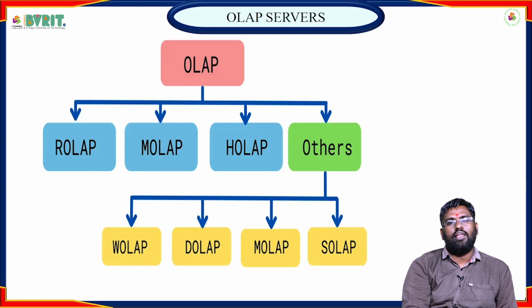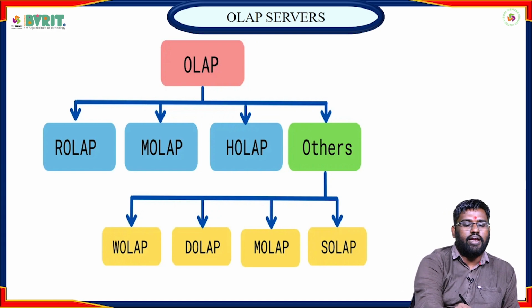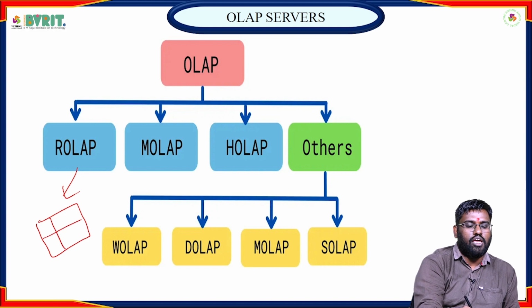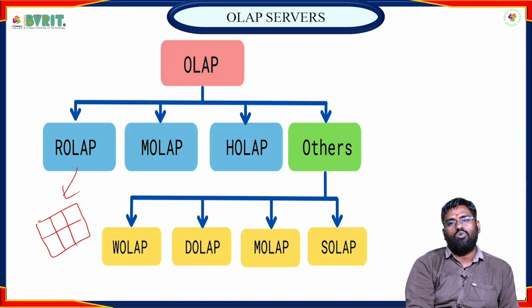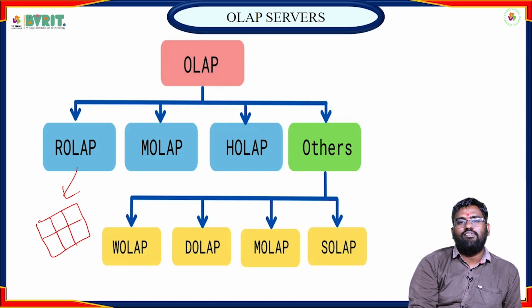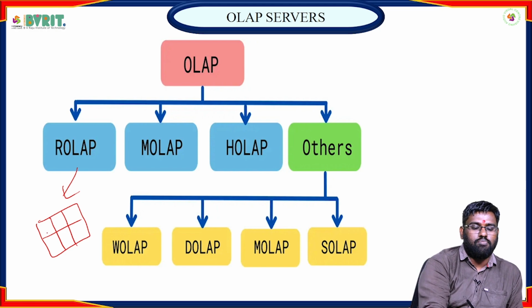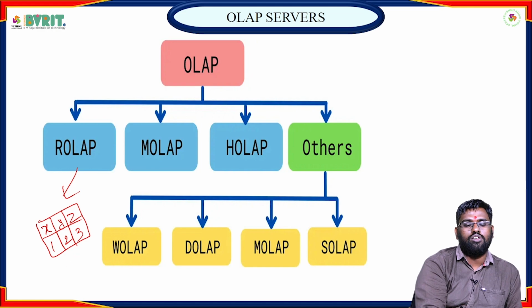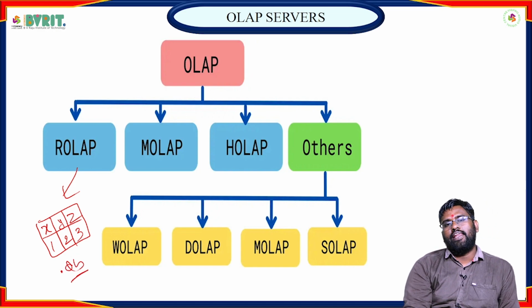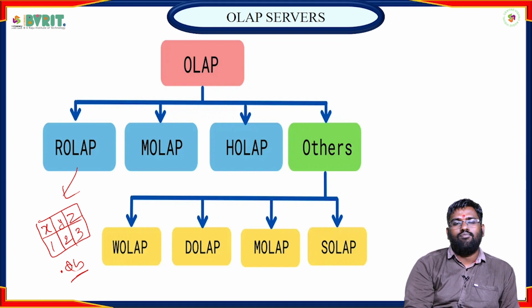In Relational Online Analytical Processing, all the data is stored in relational tables. All the structured data will be there, for example some x, y, z and 1, 2, 3 values. Like this, all the database type of data will be in Relational Online Analytical Processing.